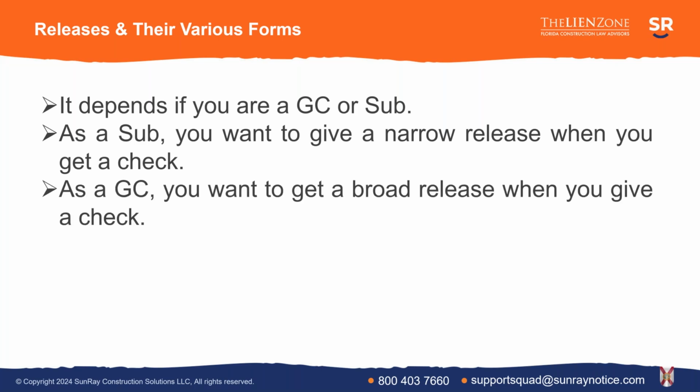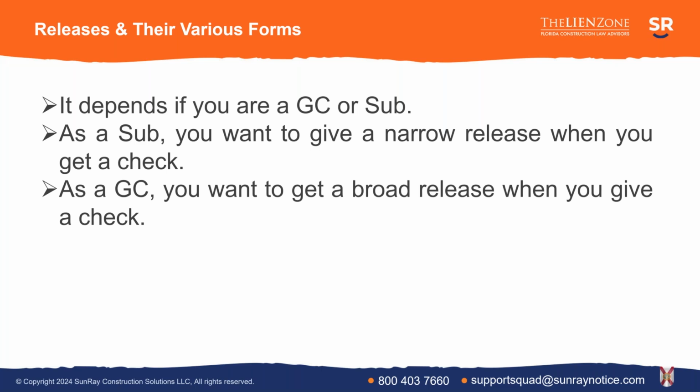Now, the shoe is on the other foot. When it comes to being a GC, you want to get a very broad release when you give someone a check. So if we turn around that transaction, if I'm the GC and I'm handing the painter a check, I want to know that when I give that painter a check, that painter is releasing every possible claim that they could have through the period of time that I'm paying them, so that they can't come back later for change orders, claims, additional overhead, delay damages.